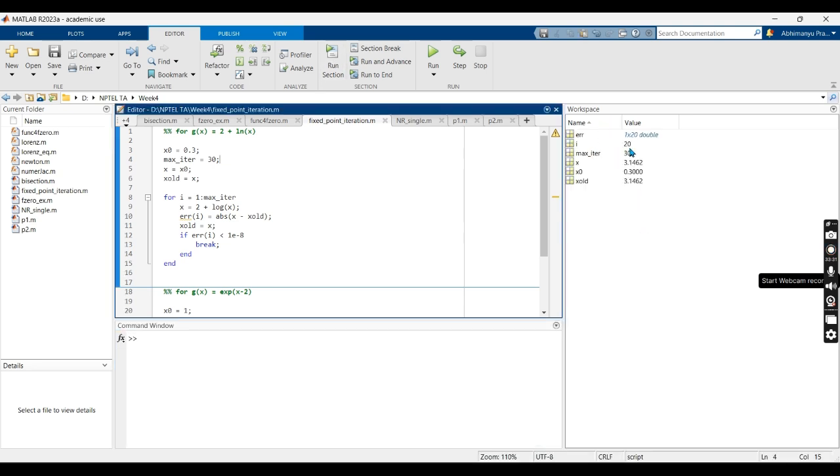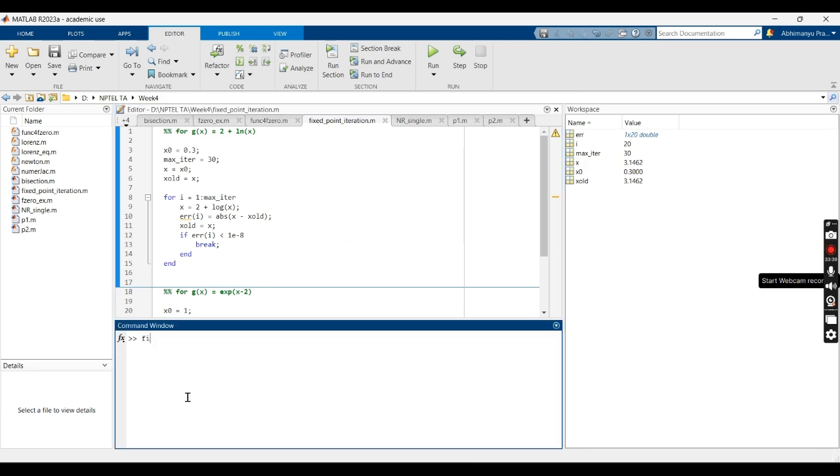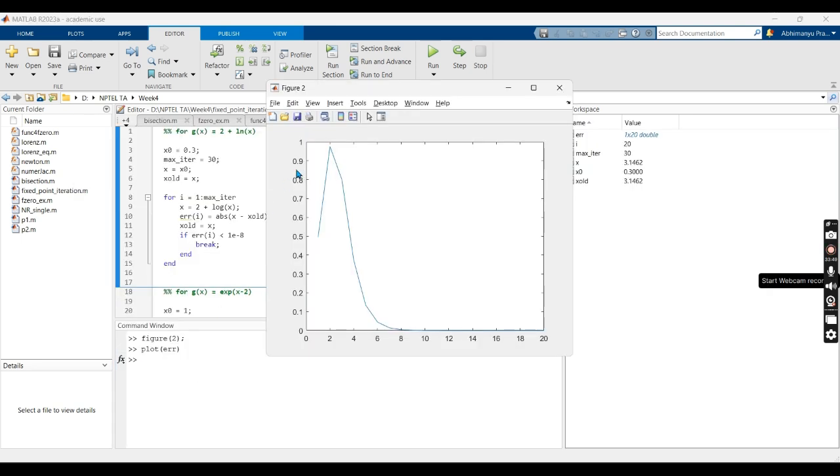Yeah. So now you can see after 20 iterations, my function has converged. My error value, if I plot, so this is the initial error value.